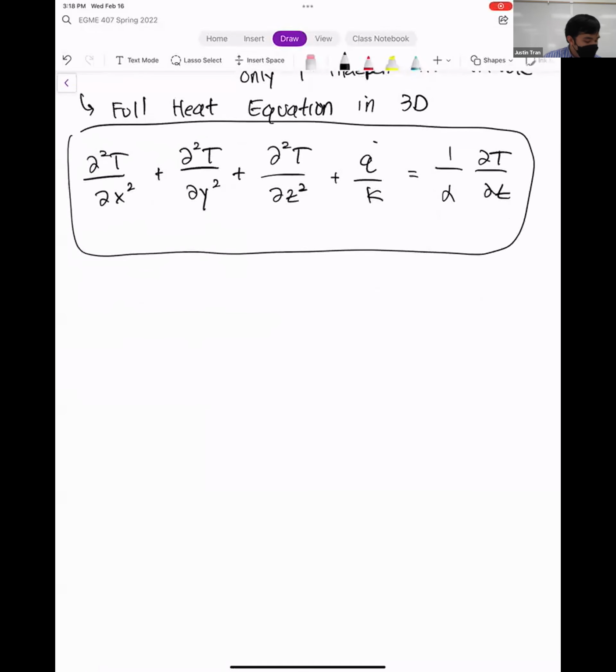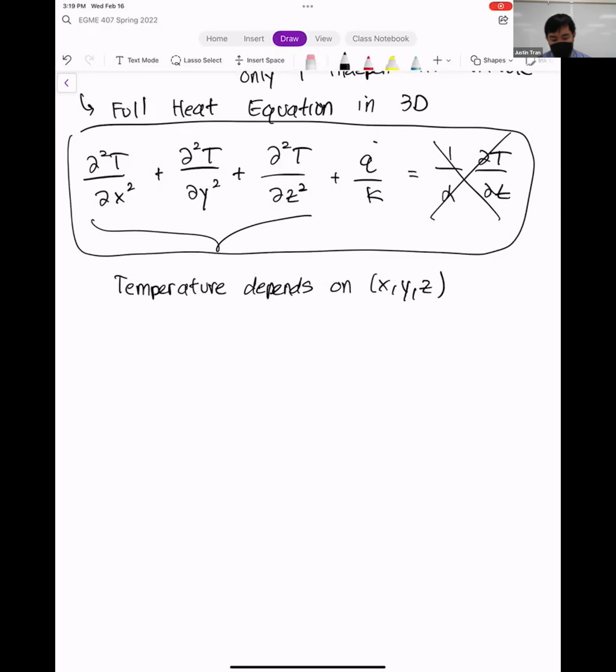Even if we assume the situation is steady state, so this term is gone like we usually do, we're still kind of screwed, because we have 3 independent variables here. We can't solve this with just simple integration, like we did before.